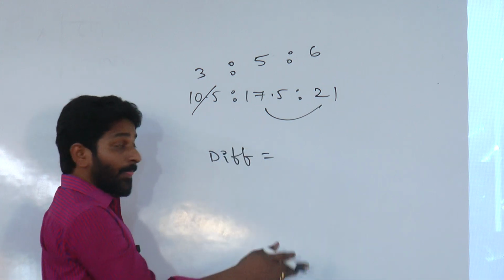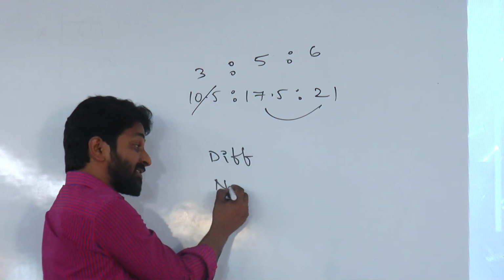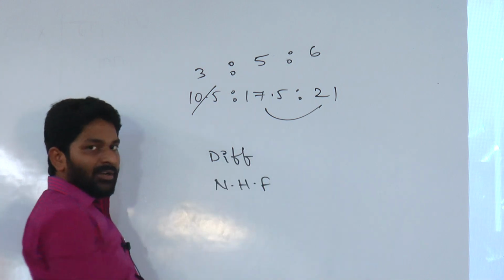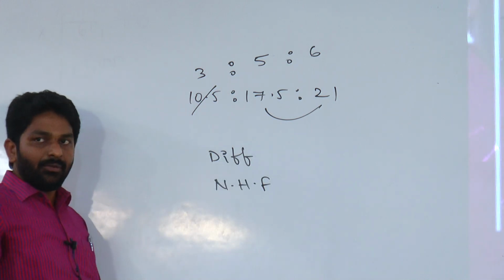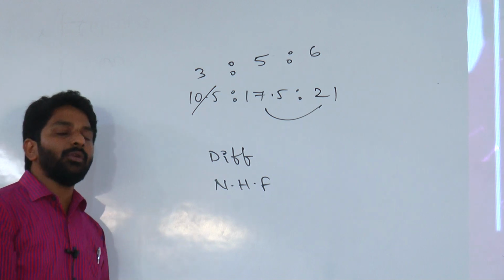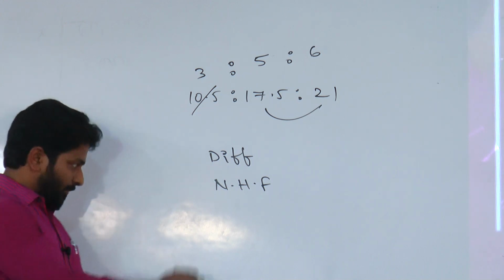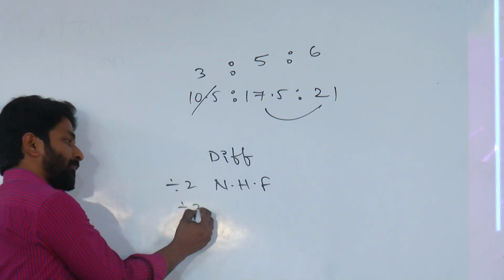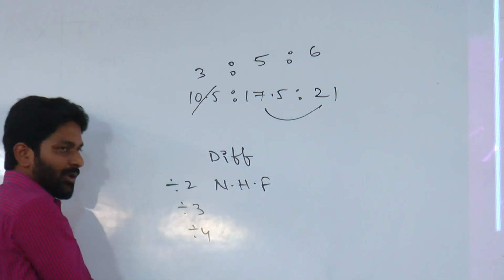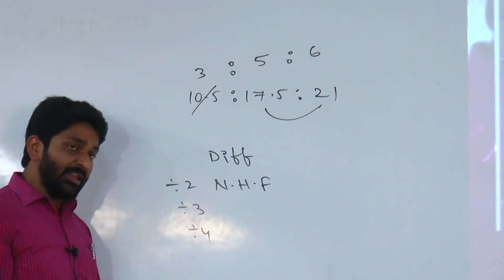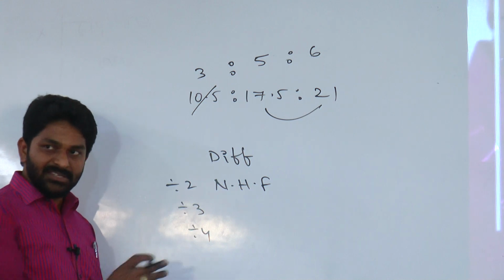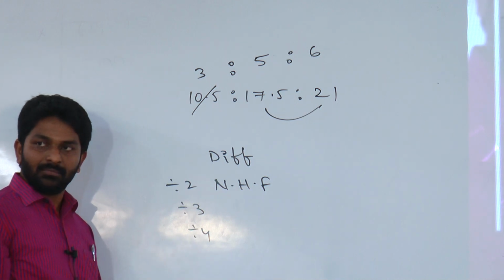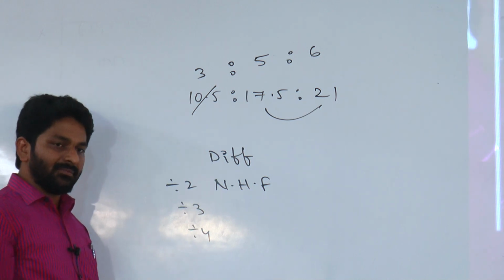Else, you need to verify it with the next highest factor, not just factor. How do you calculate the next highest factor? Divide by 2, by 3, by 4 and so on. You will get factors in descending order for any number. This is the cancellation rule. It works everywhere. Okay?